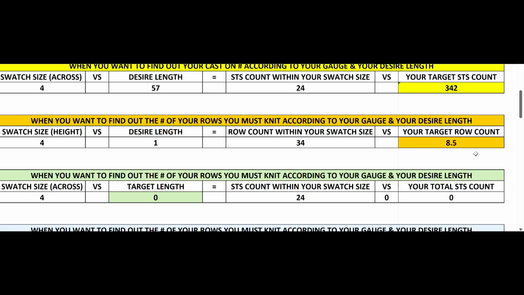In other words, I knit 8 rows without increasing. So on the 9th row, I am going to increase. And after the increasing row, I'm going to knit another 8 rows, then increase 20%. Something like that. So it's actually good to know how many rows for your 1 inch.